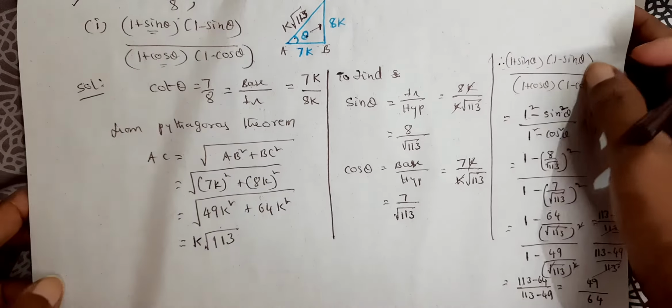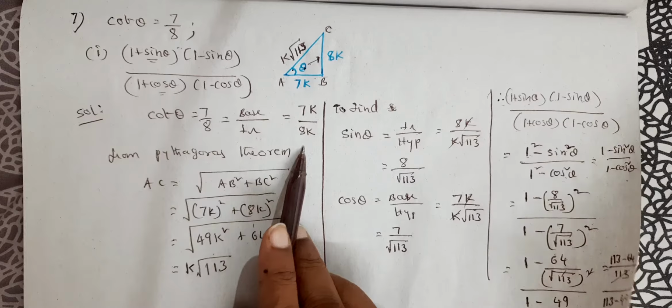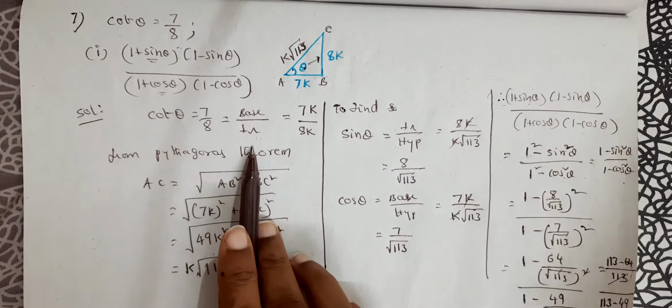So let us see the complete problem once. What is given in the problem? In the problem he is saying cot theta is equal to 7 by 8. Using this one you have to evaluate this one. That means using this trigonometric ratio we have to find out the third side. Since it is in ratio form, it is 7k by 8k, and you know cot theta is equal to base by perpendicular.